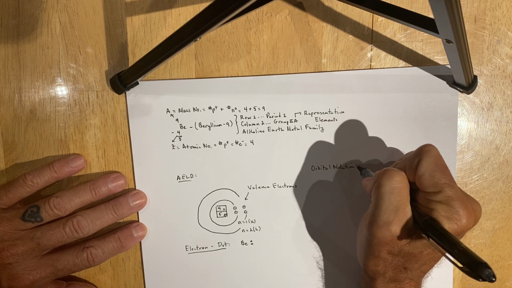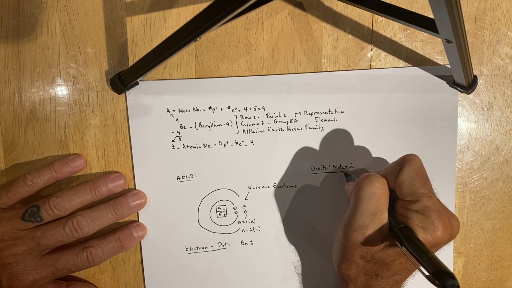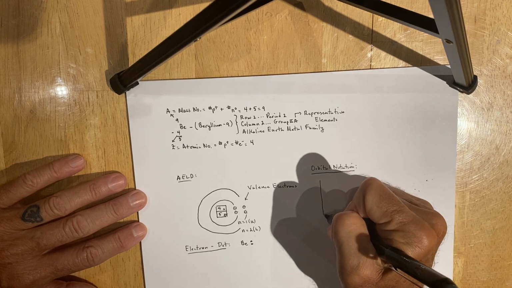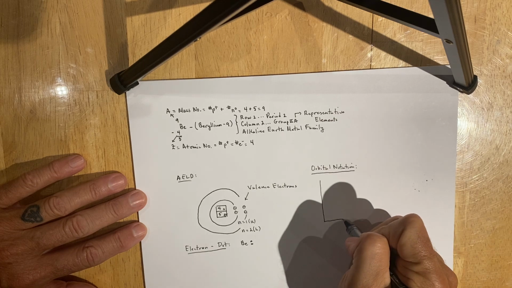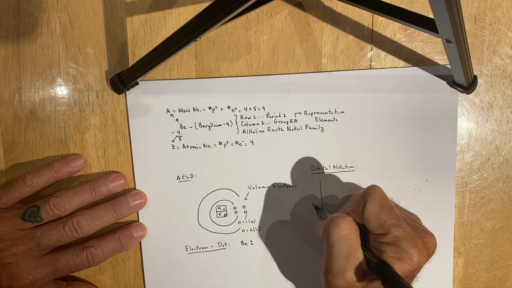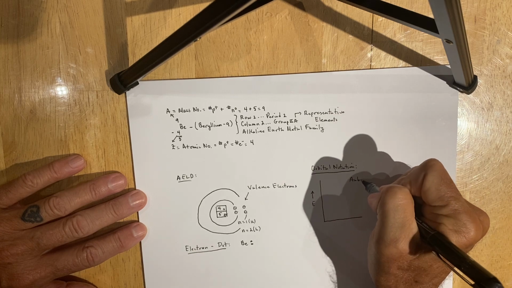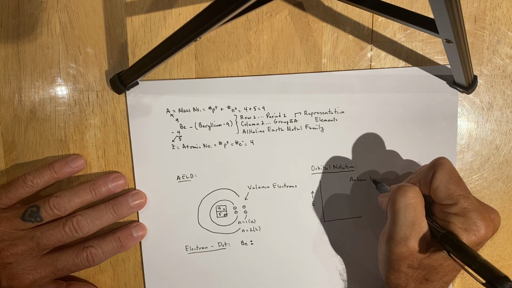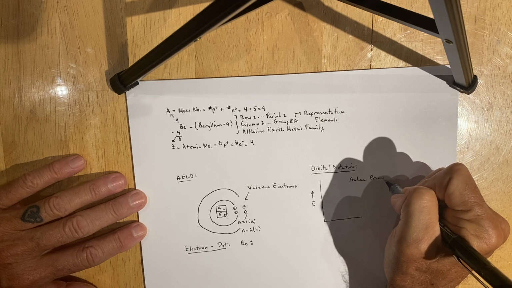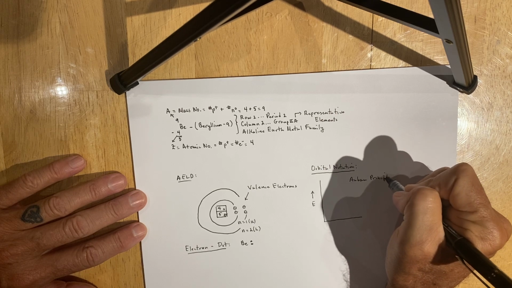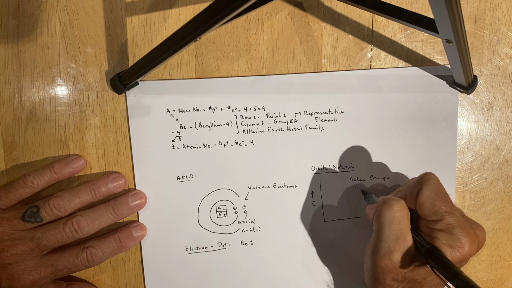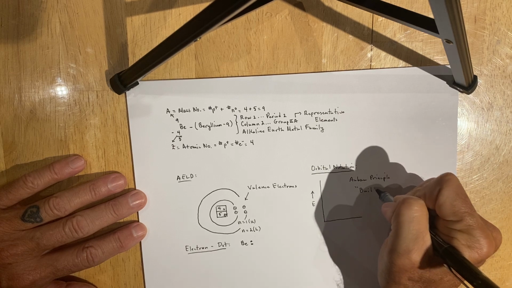Orbital notation is a way of accounting for the placement of electrons and energy levels by what we refer to as the Aufbau principle. That's a German word, which means to build up.